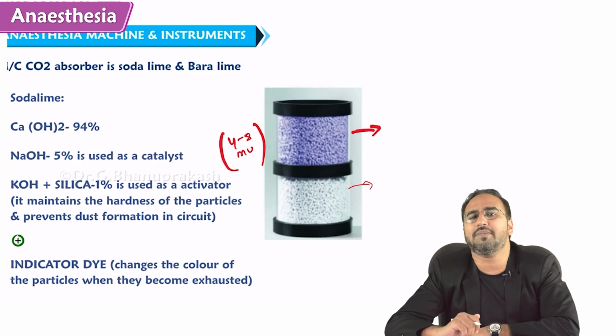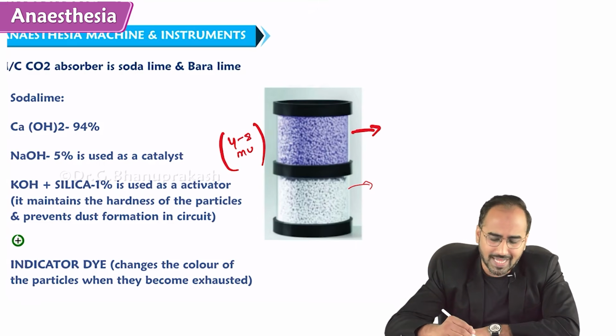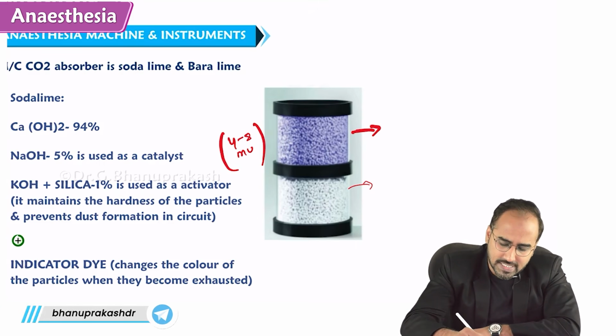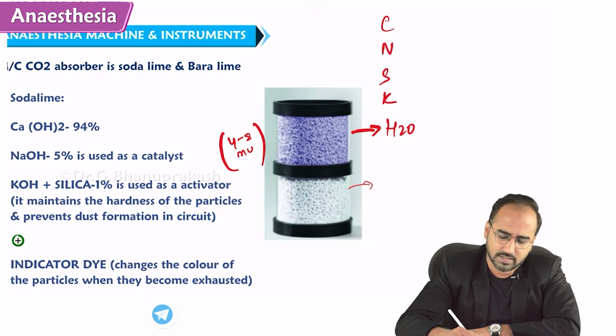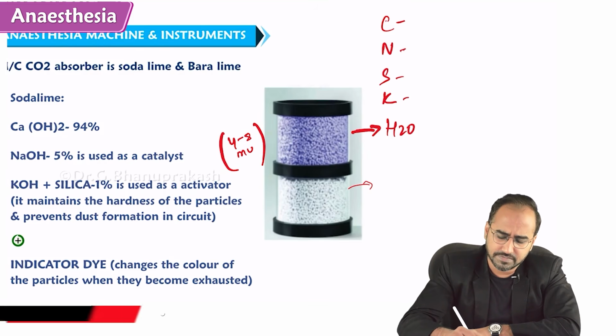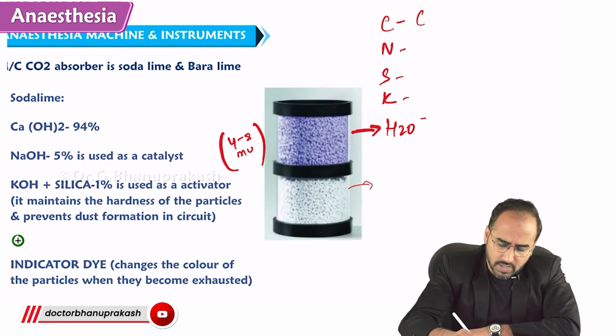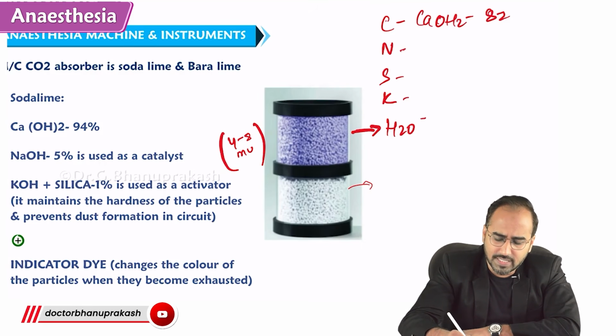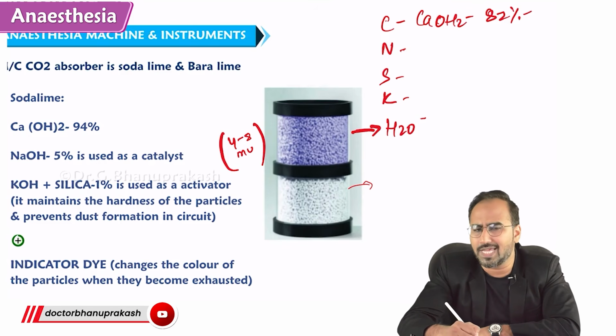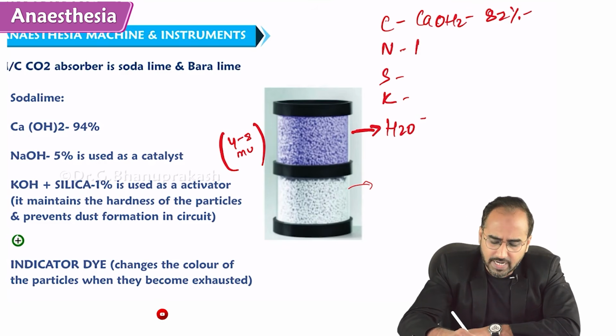Now what is this soda lime made up of? This soda lime is made up of CNSK plus some water. What is the CNSK? C stands for calcium hydroxide, 82 to 83%. We'll take 82% of soda lime is calcium hydroxide.